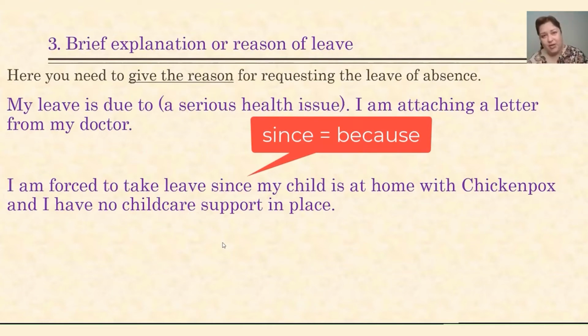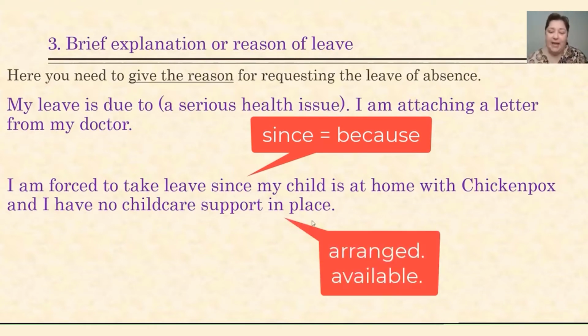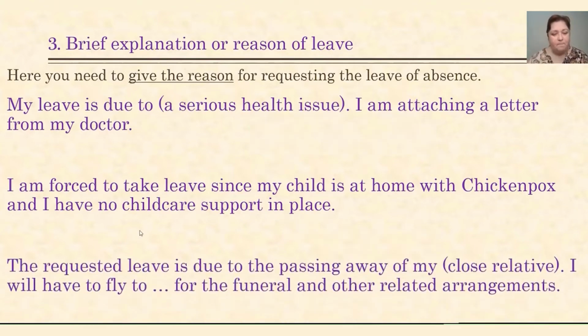My child has chickenpox and there is nobody who can look after my child. I have no childcare support in place. In place means arranged. I don't have any support available. Okay, my child is ill, he or she can't go to school, so I have to stay home. That's why I am requesting leave.